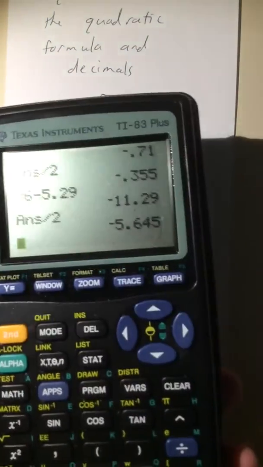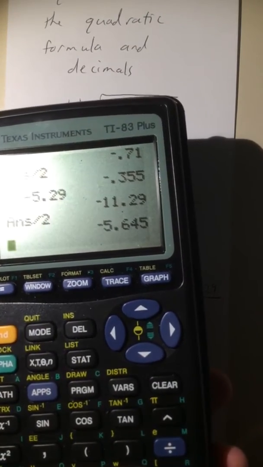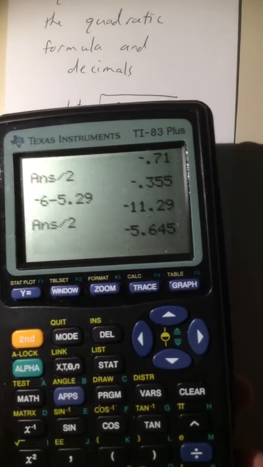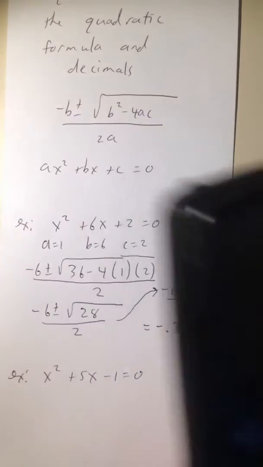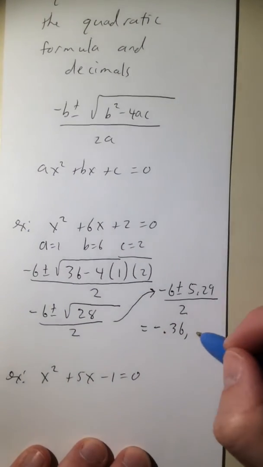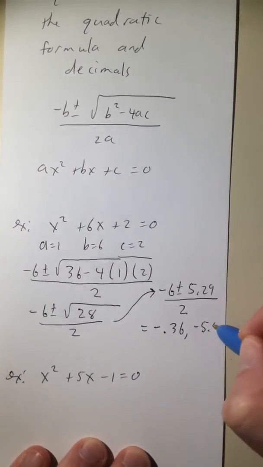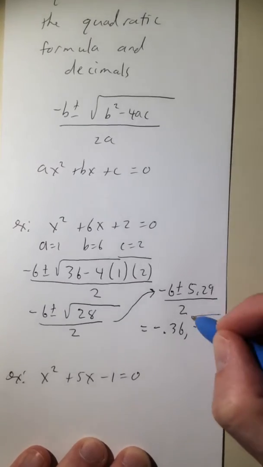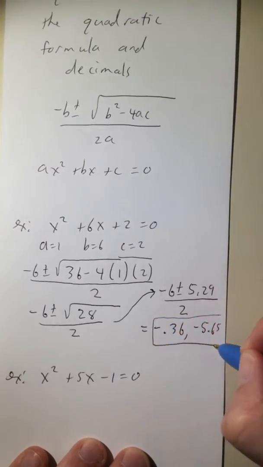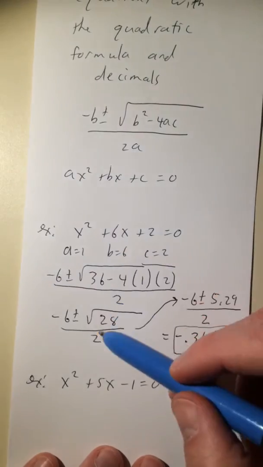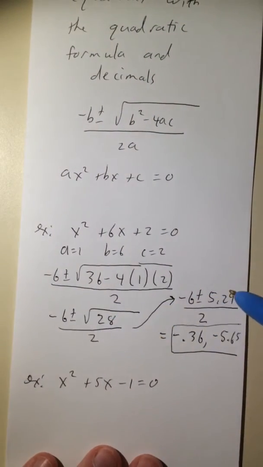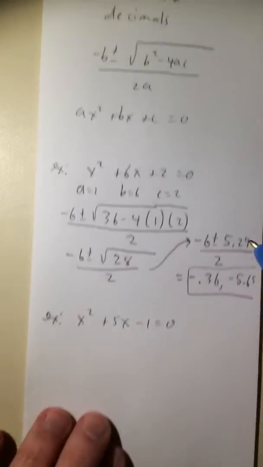We got negative 5.645, and so we'll go with negative 5.65. So there are your two decimal answers. Again, the procedure is exactly the same, except at the end, we take the square root using a calculator.